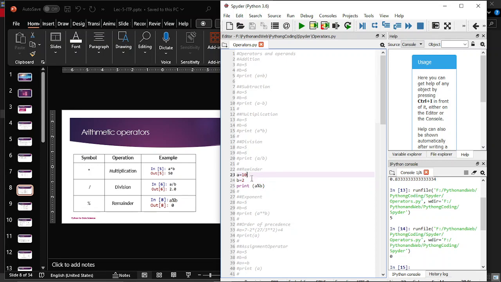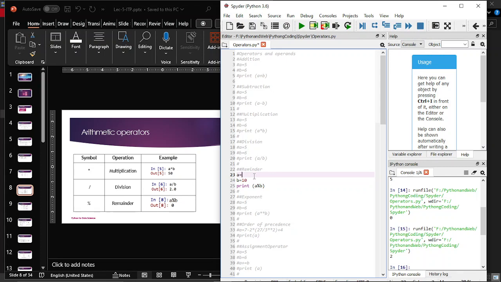But if I give this as 2 and this as 10 and check it, you see I will get 2, because it is not divisible. 10 into 0 is 0, so the remainder will be 2 itself.